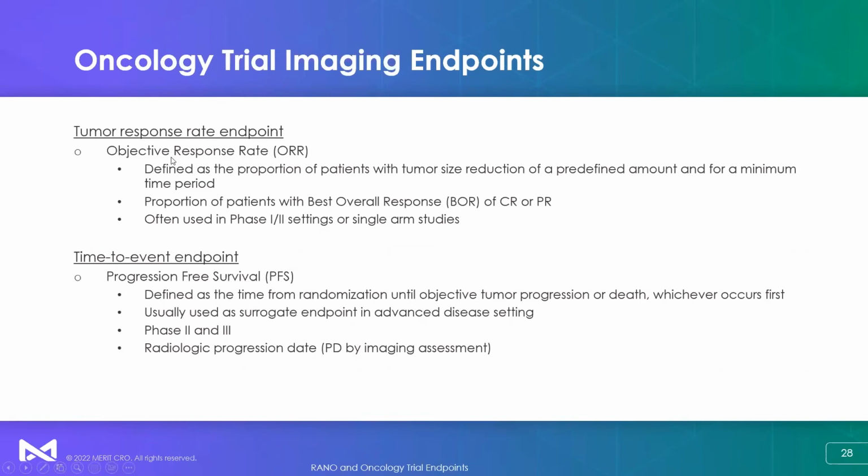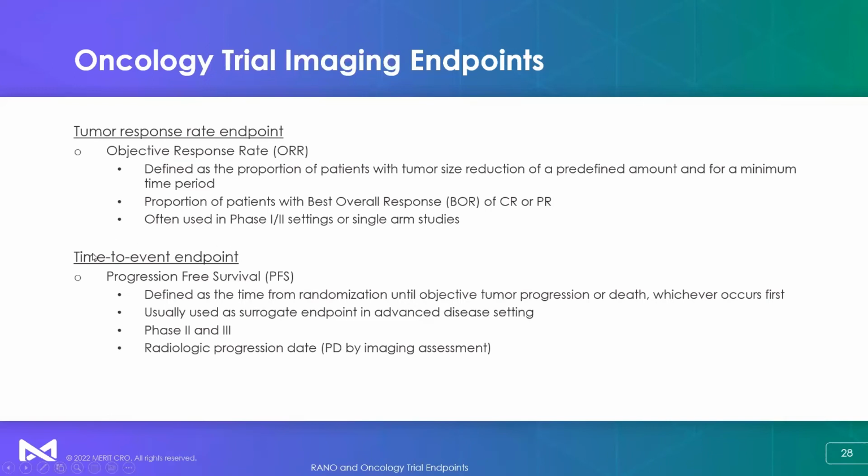A common one is the objective response rate, which is the proportion of patients reaching a complete response or partial response in terms of the best overall response. It is often used in smaller studies or single-arm studies.